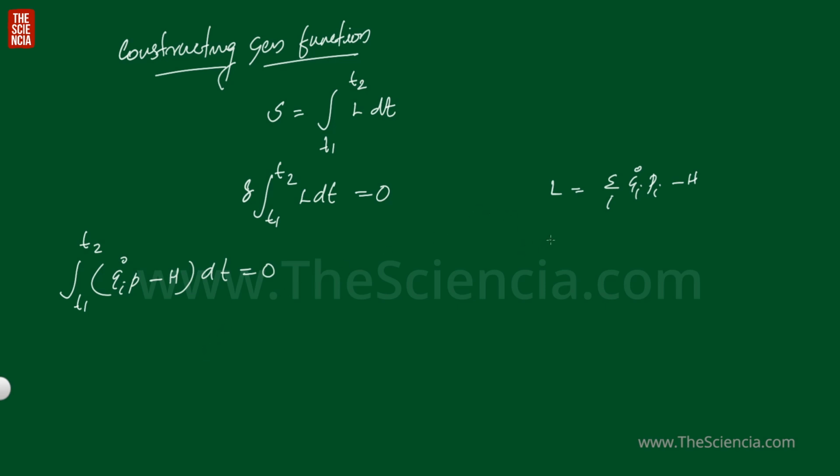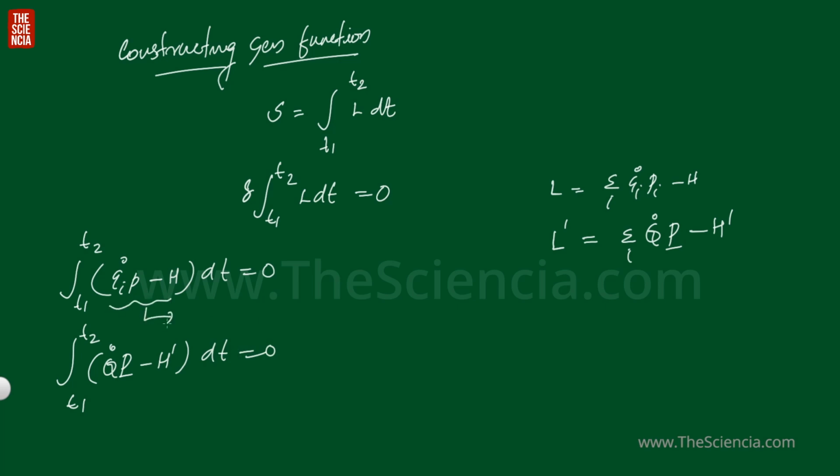And I am defining a Lagrangian in the new coordinate system, that is L prime, that is equal to summation i Q dot P minus H prime. So I am constructing another equation, that is integral t1 to t2 (Q dot P minus H prime) dt equal to 0. So this one is L and this one is L prime. And we now gauge invariance.